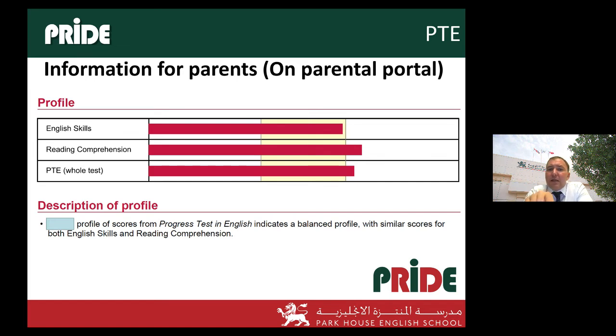So you can see that they're doing better in the reading comprehension and they need to work on the English skills. So that again is valuable information for the English department. And there's the description here, again, I've just given you one bullet point, but when I was looking at the reports, there are 3 or 4 different bits of information on there.